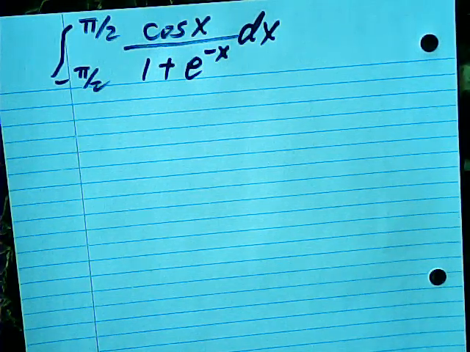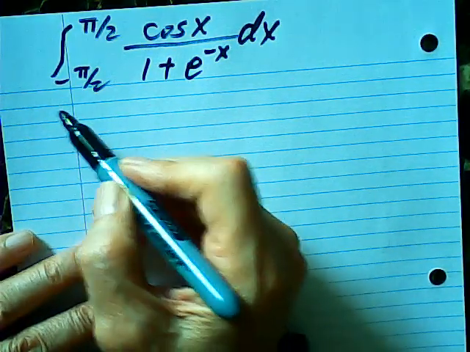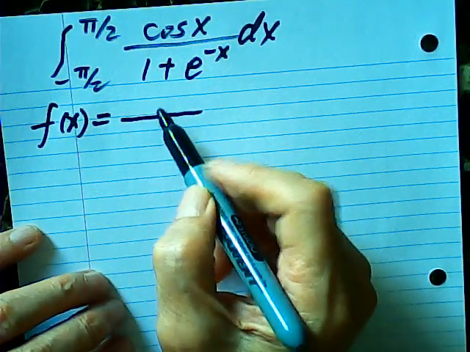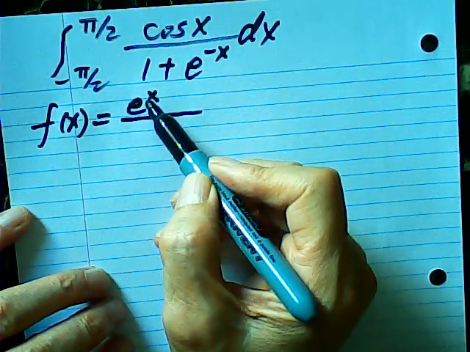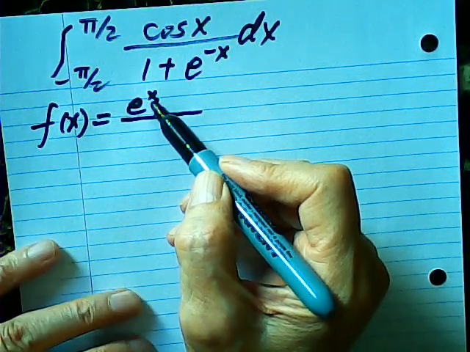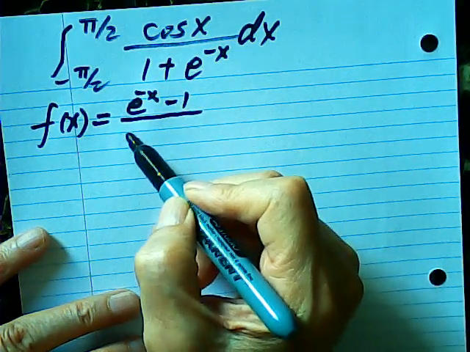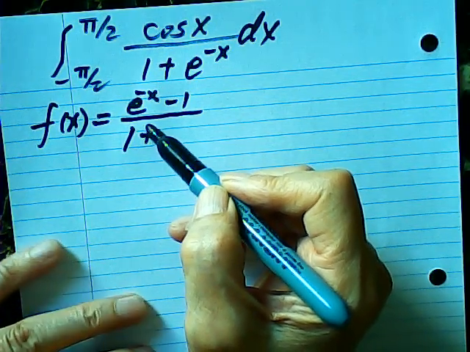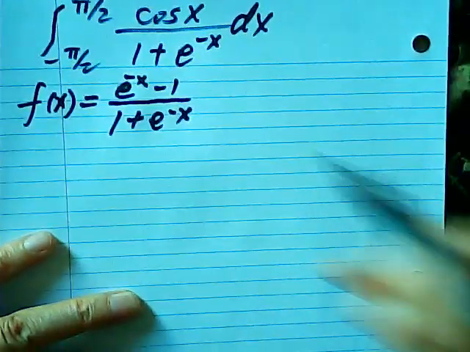Now the method 3, I'm considering this function f of x as e to the x minus 1 over e to the x plus 1, which is 1 minus e to the negative x over 1 plus e to the negative x. So this is my f of x.